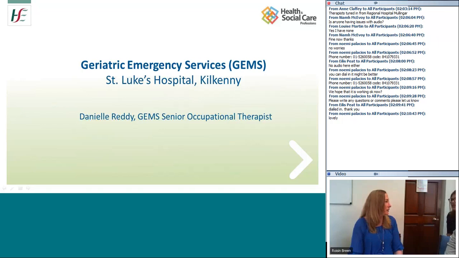Another question and follow on from that. On average, what time does it take to do a CGA? It very much depends on the patient and their ability to communicate and how complex their needs are. It can vary from anything, and Danielle might say how long it takes her, but it can vary anything from 40 minutes up to 3 hours. The one time it took me 3 hours, it was extremely complex patients.